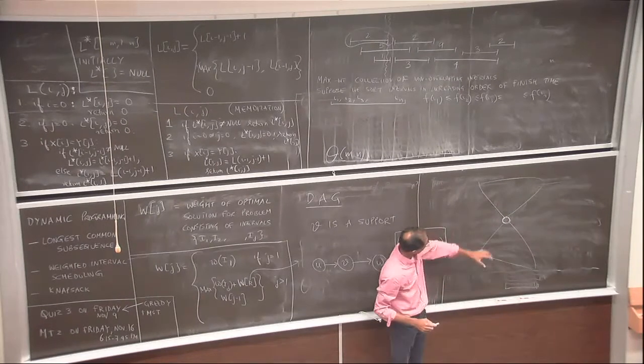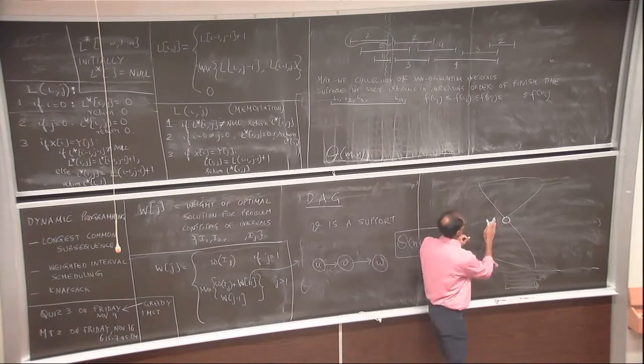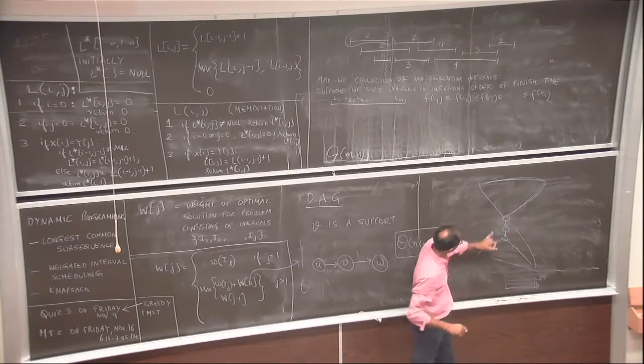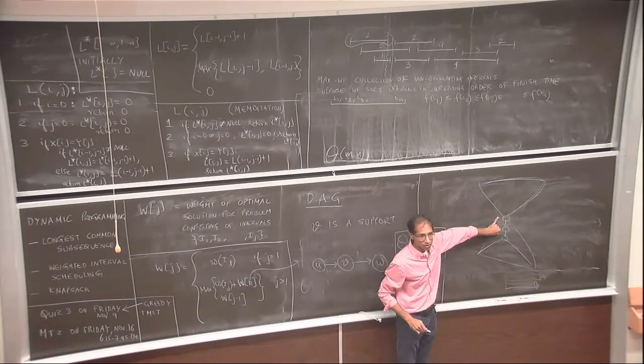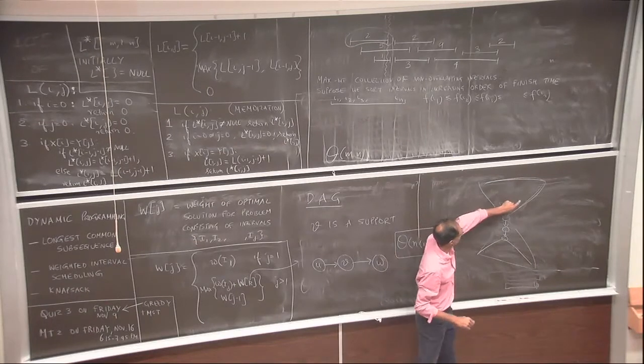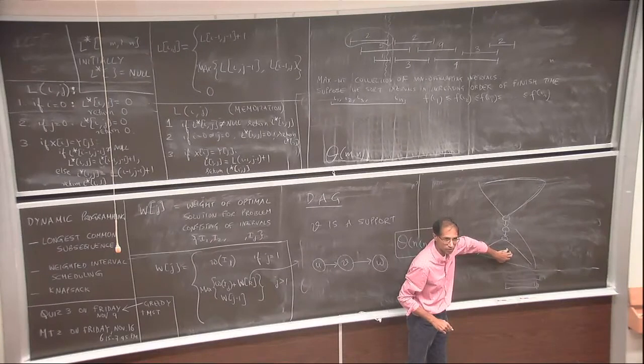So the picture should look roughly like this. Of course, it could also look like this. So then these are all vertices of support. Things here will not be supports because there will be something else that doesn't have paths to this. And similarly, things here may not have paths to other things.